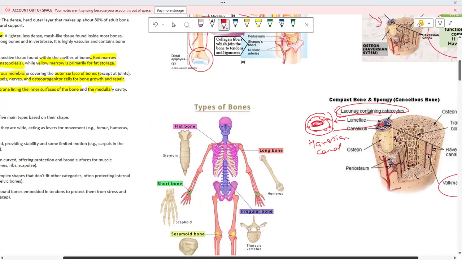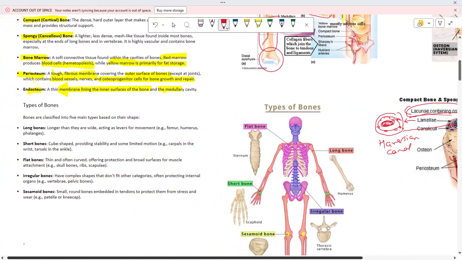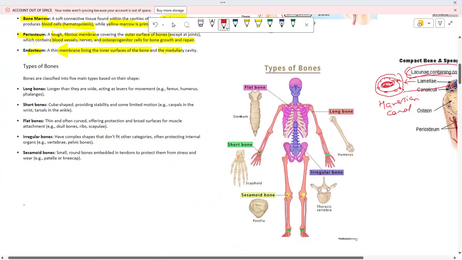So what are some types of bones that you know of? Now we can classify bones into 5 main types. We have what we call the long bones, short bones, flat bones, irregular bones, as well as the sesamoid bone.